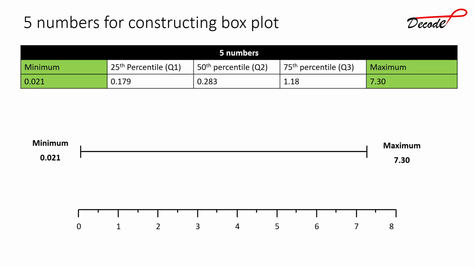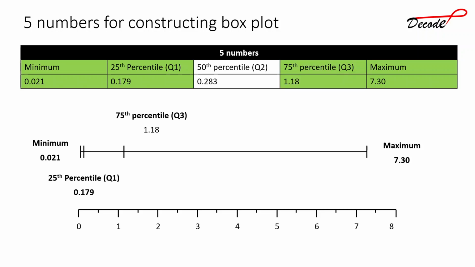We will mark the minimum and maximum values first. The minimum is 0.179 and the maximum value is 7.30. After marking the minimum and maximum values, we mark the 25th percentile, that is 0.179, and the 75th percentile, which is at 1.18.